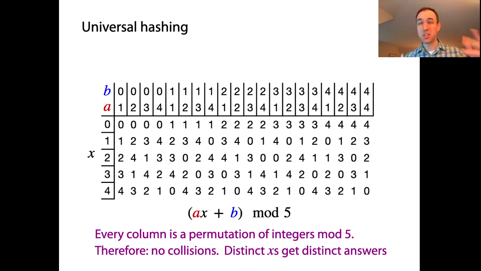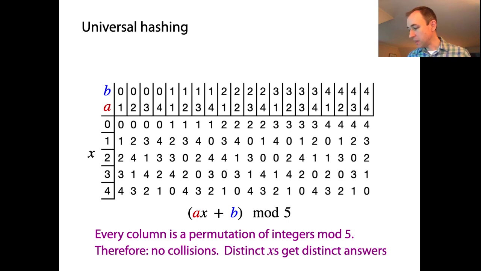I changed what the particular numbers were, but because I changed every number the same amount, I've shifted every number over by 1 cyclically, I didn't change the fact that all the columns are still permutations. So this whole matrix here, every column is a permutation of the numbers 0, 1, 2, 3, 4. And they're all distinct permutations.